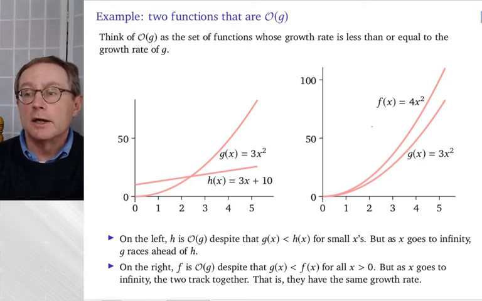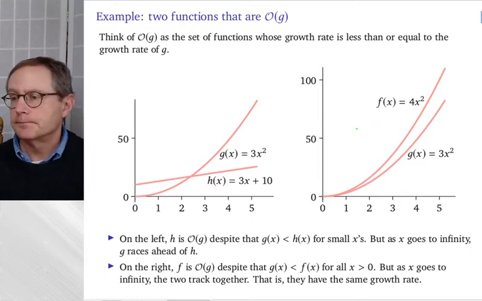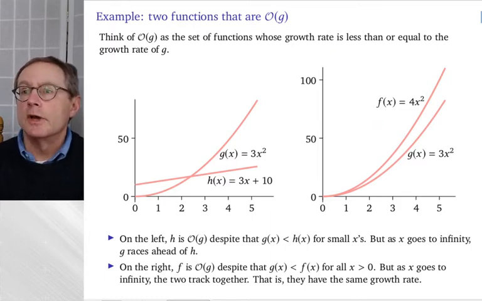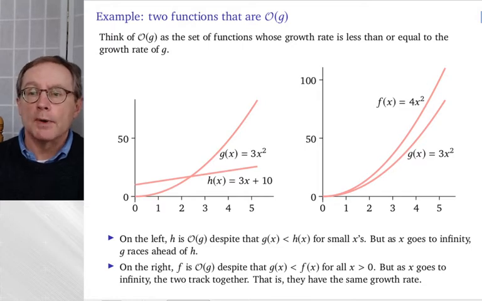These two do not. The two on the right track together. So the two big ideas of the definition have to do with ignoring what happens initially and paying attention only to what happens eventually. And the second thing is about functions tracking together.